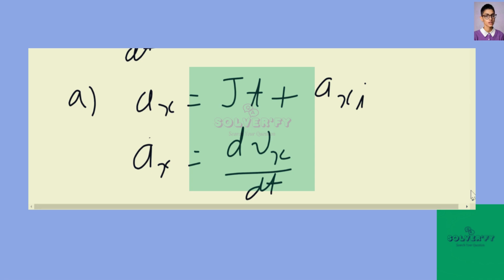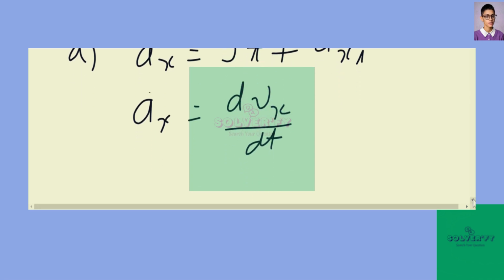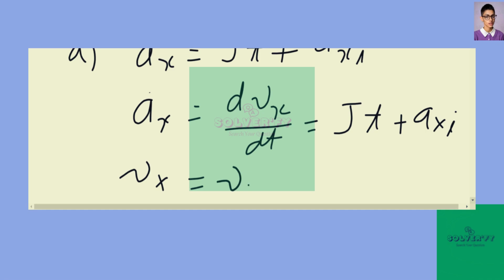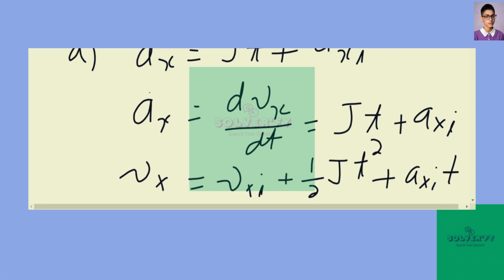So if we integrate using calculus this equation on the right side, we get that the velocity is equal to the initial velocity plus 1/2 the jerk times t squared plus the initial acceleration times the time.